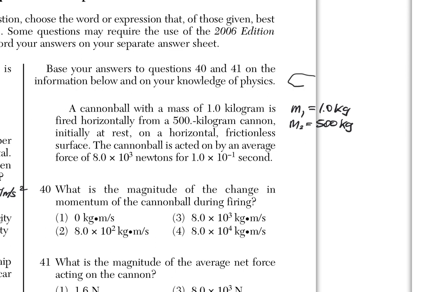We have a cannon and we have a cannonball. And so the cannonball gets fired. And this would be M2 for our cannon and M1 for our cannonball. And so the 500 kilogram cannon is initially at rest. The whole system is initially at rest.